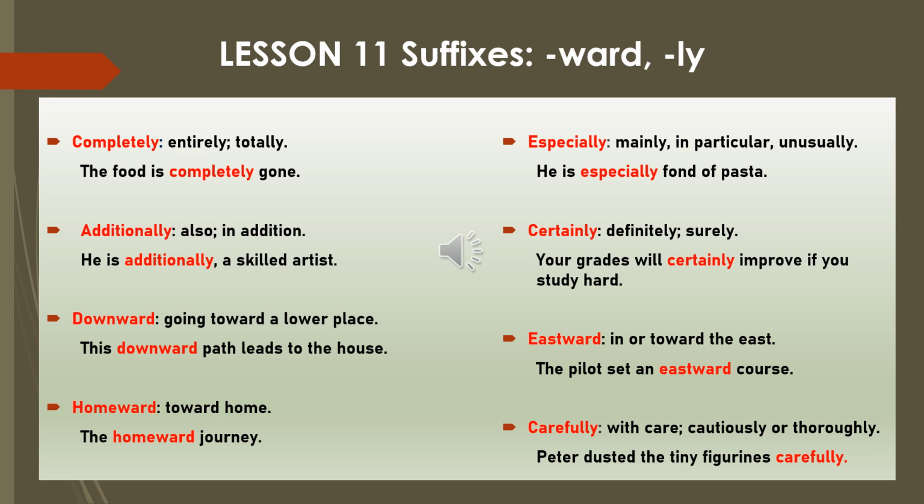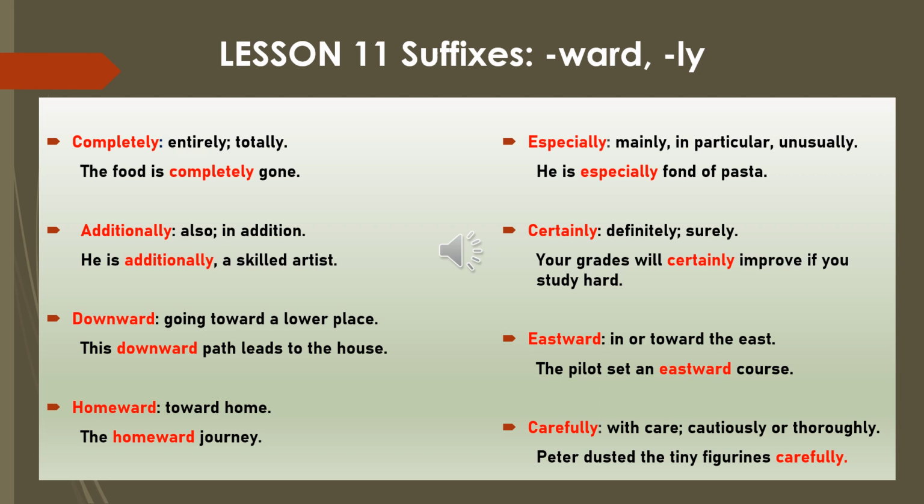Especially, mainly, in particular, unusually. And the sentence that we have is, he's especially fond of pasta. The next word is certainly. The definition is definitely, surely. Your grades will certainly improve if you study hard.